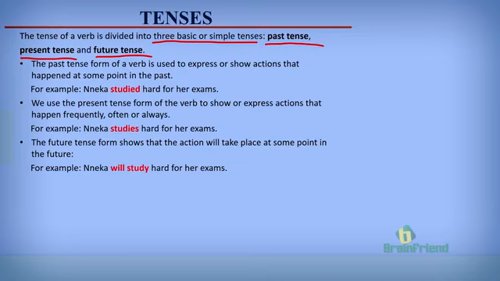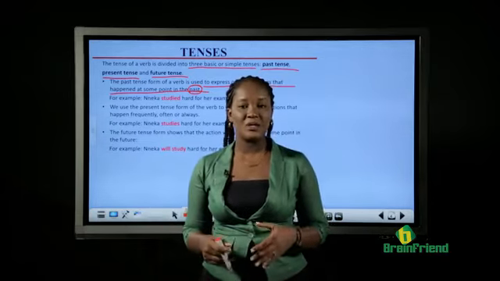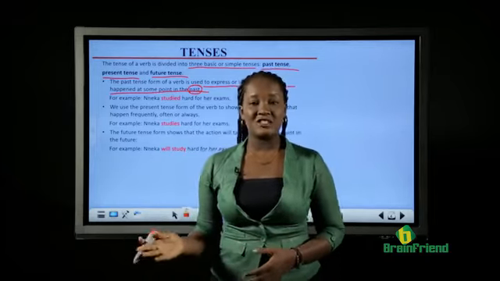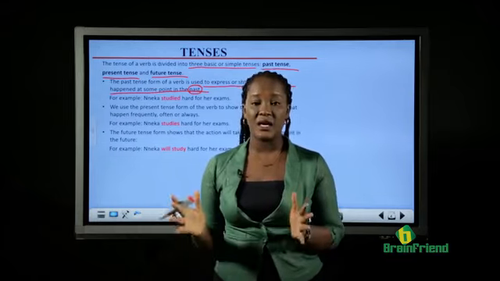The past tense form of a verb is used to express or show actions that happened at some point in the past. The past is the key word. An action that happened or took place sometime in the past. The past can be some hours ago. The past can be yesterday. It can be last week. It can be last month, last year, as the case may be.